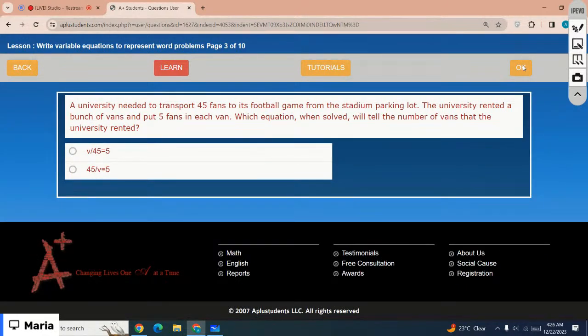Okay, the next one is a university needed to transport 45 fans to each football game from the stadium parking lot. The university rented a bunch of vans and put 5 fans in each van. Which equation, when solved, will tell you the number of vans that the university rented? Which is the correct option?